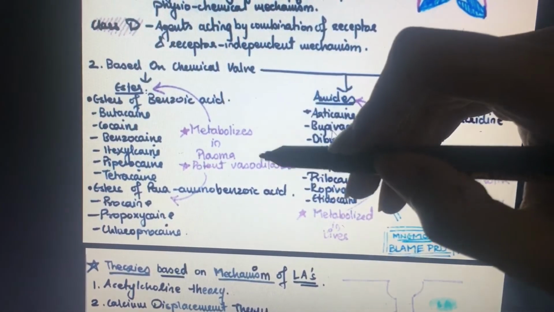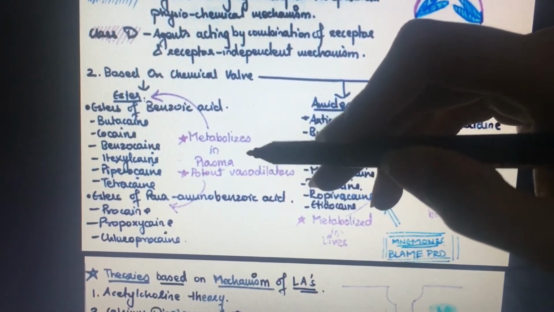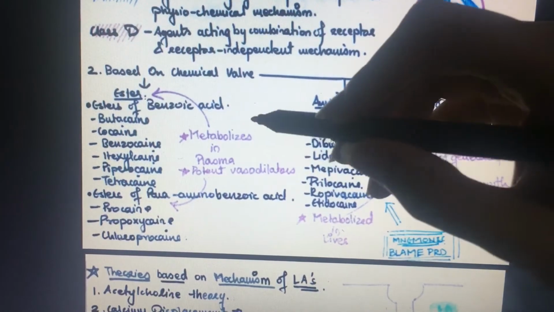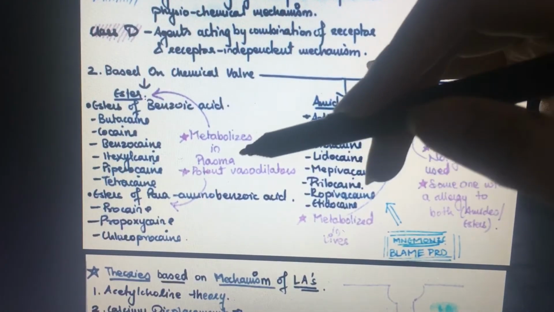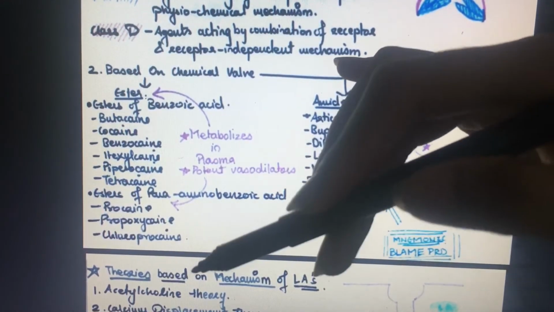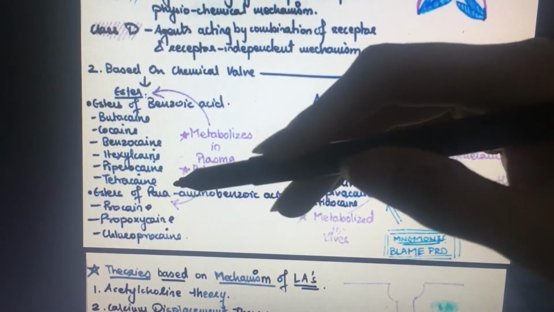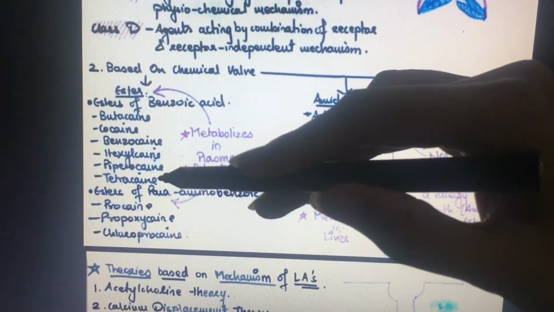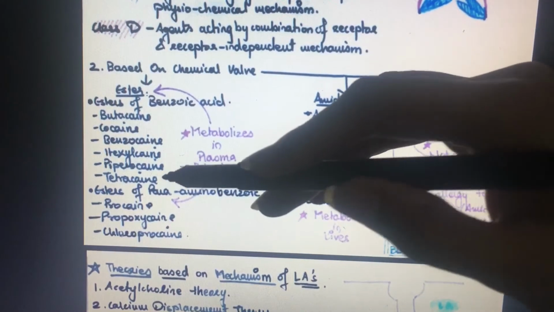The rate of hydrolysis is inversely proportional to the potential toxicity level. So the local anesthetic chloroprocaine is the most rapidly hydrolyzed one and is the least toxic, whereas tetracaine is hydrolyzed 16 times more slowly than chloroprocaine and has the greatest potential of toxicity.